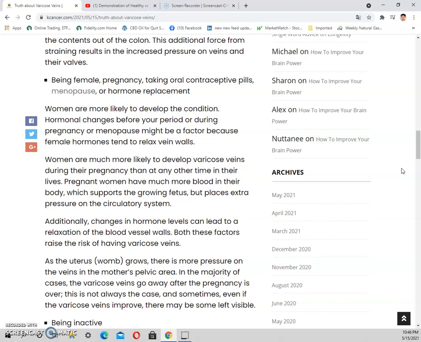Also, during pregnancy, the blood volume usually increases significantly. That means your body needs to work very hard, and this pressure is put on the leg, which has much more work to do moving blood from the leg to the heart.